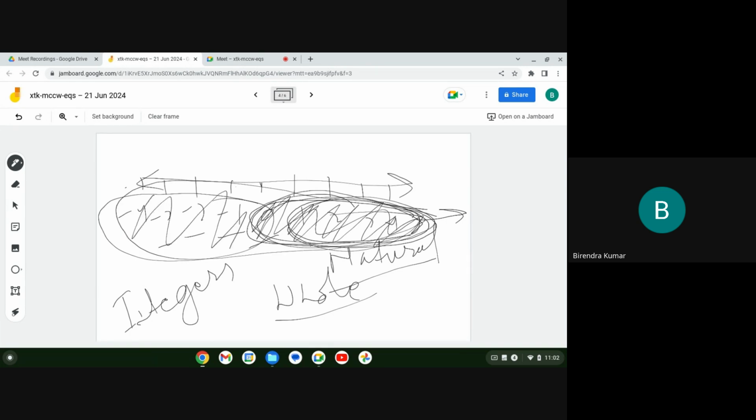So integers is nothing but the superset of all these numbers. Integers means all the numbers without any fraction or decimal, be it positive, negative, including zero. So this is with the numbers where you are dealing with numbers which are complete by themselves. It doesn't have any fraction or decimal. This part is clear, right?